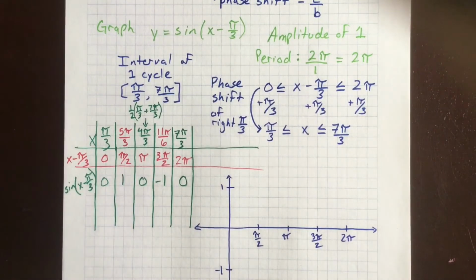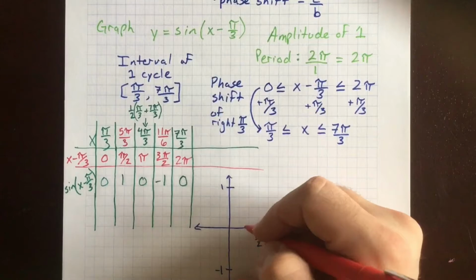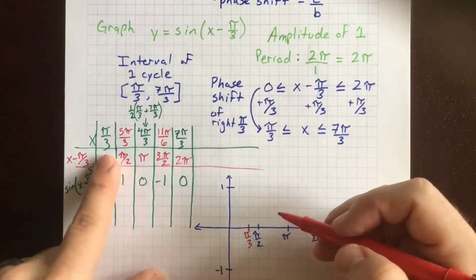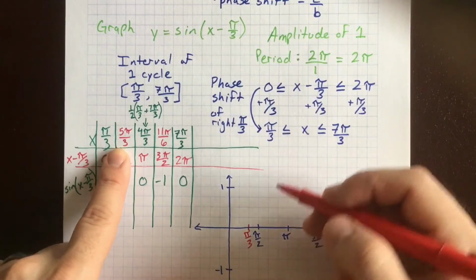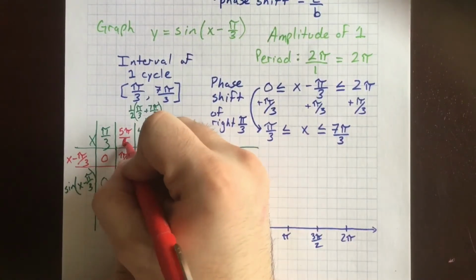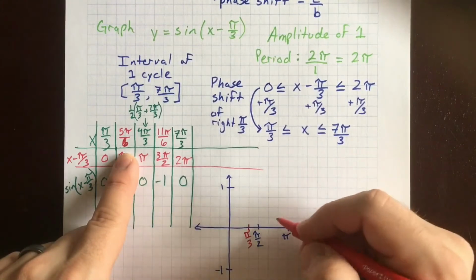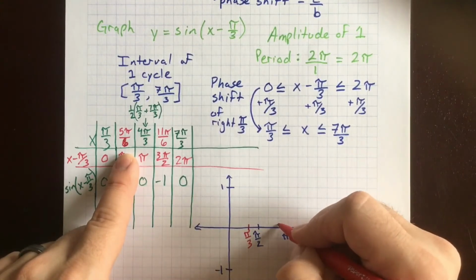So we have pi over 3, which is right here. 5 pi over, actually pi over 6, guys. I said pi over 6 for pi over 3. So 5 pi over 6, that's going to be right before pi.